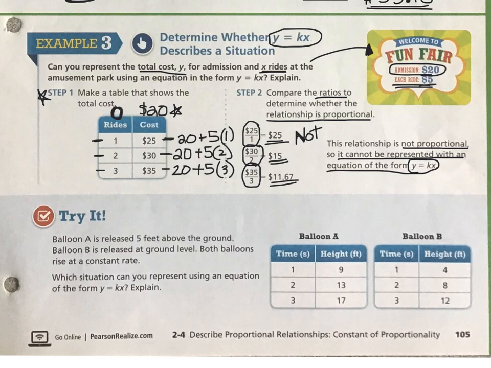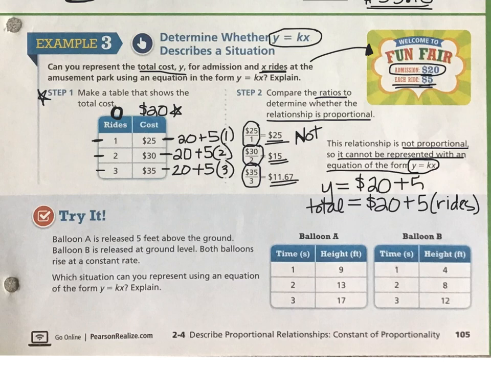So if y is the total cost, that is equal to how much I paid to get in, plus it cost me $5 times the number of rides that I went on, because each ride was $5.